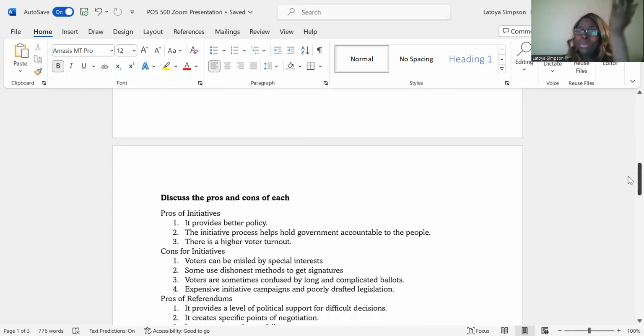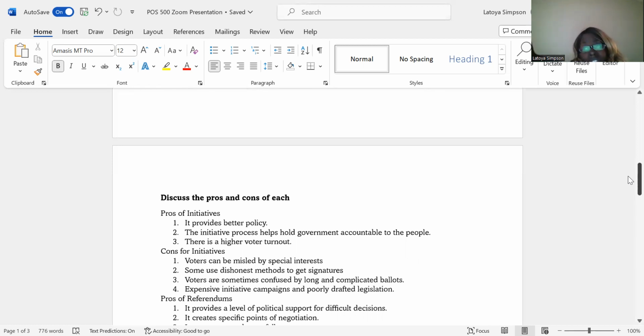Discuss the pros and cons of each. So we'll do initiatives first. The pros of initiatives are it provides better policy, the initiative process helps hold government accountable to the people, and there's a higher voter turnout.